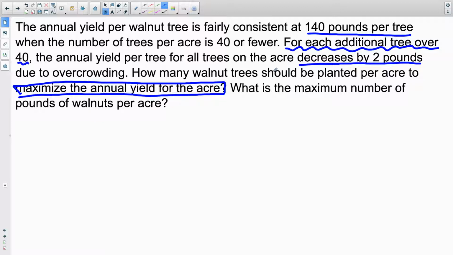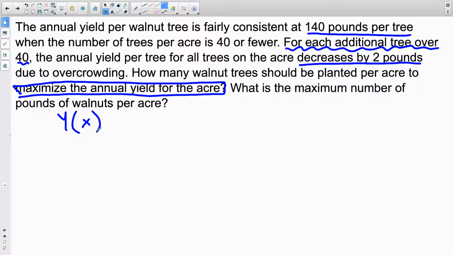So when we talk about how many walnut trees should be planted, and we're maximizing the yield per acre, what do we control? Put yourself in the shoes of the walnut farmer here. You can control the number of trees that are planted, right?